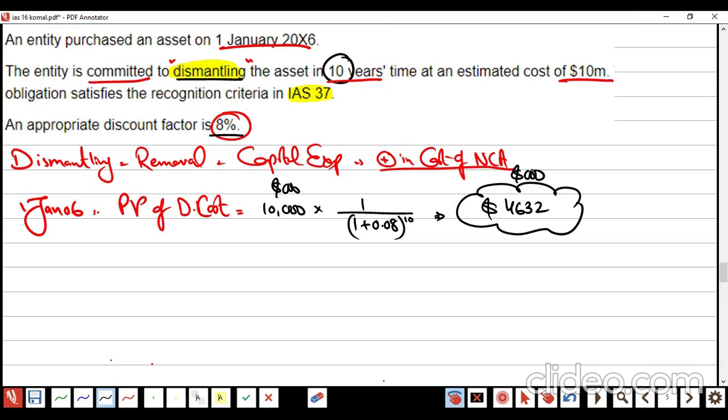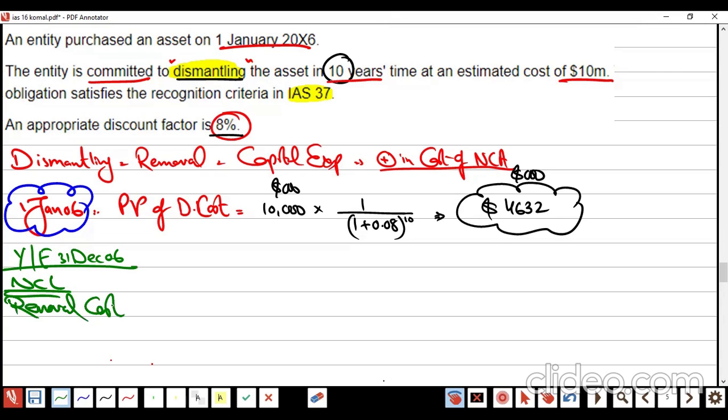Now, this is the initial measurement. For the year ended 31st December 2006, under the heading of non-current liability, we will have the removal cost or dismantling cost payable, same thing.